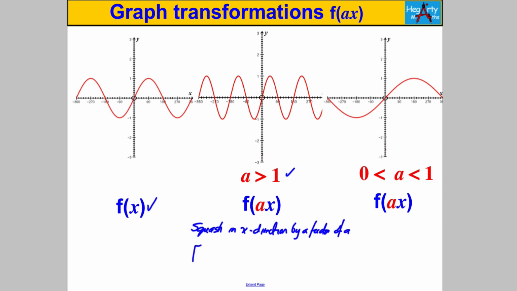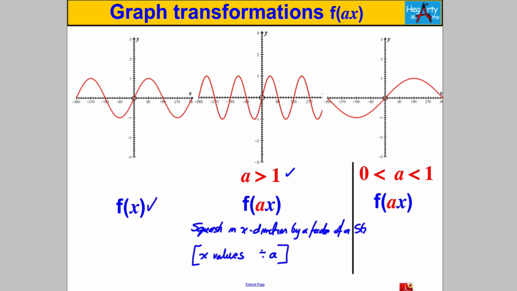In practice, what that's going to mean is we are going to take all the x values and we're going to divide them by this number a. And what did it mean when a was less than 1 but bigger than 0? Well, in this case, it actually meant a stretch by a factor of a in the x direction.